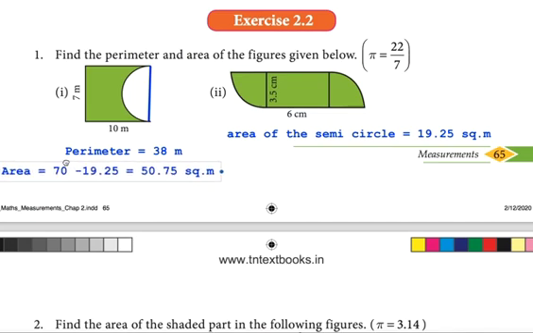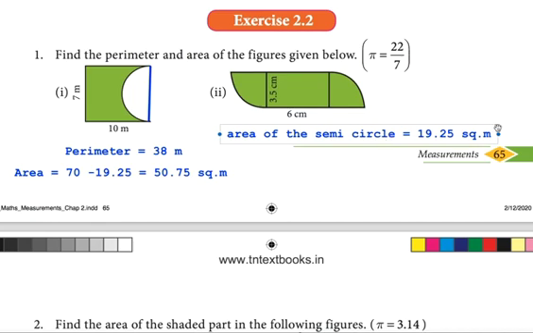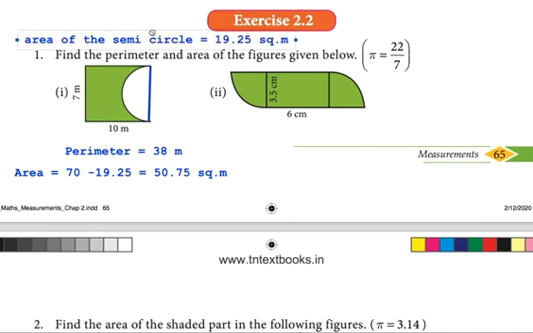When you change the unit, the answer will change, right? That is the reason why you need to always mention the units. That is about the first problem. This area of semicircle pertains to problem 1, not to problem 2. Now look at the second problem.